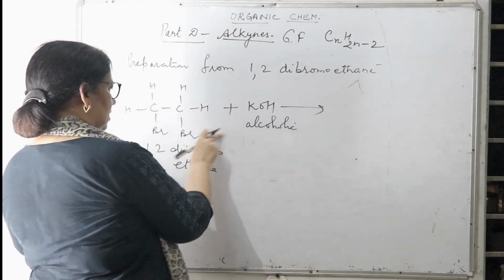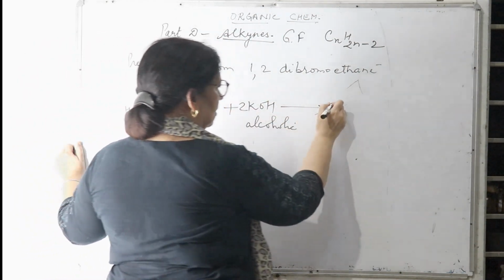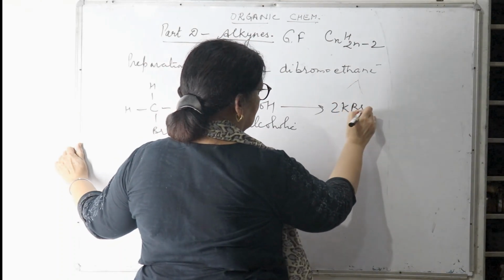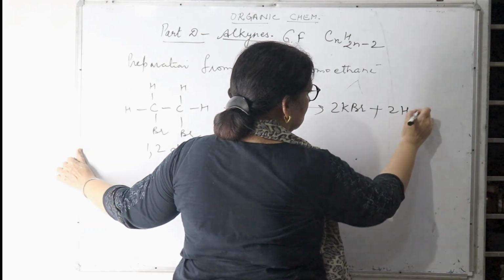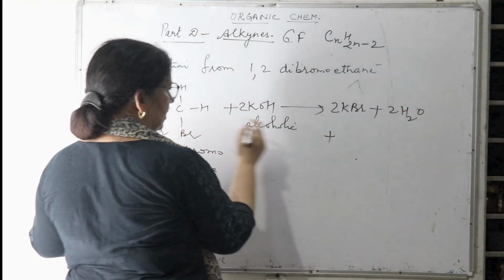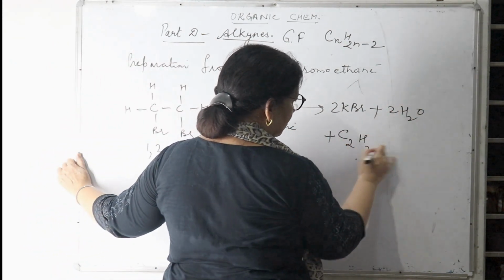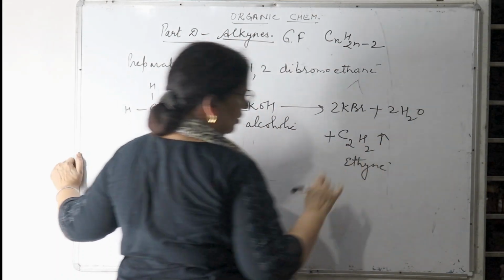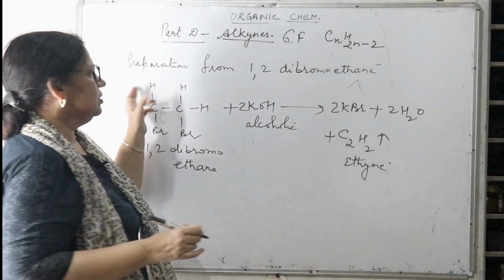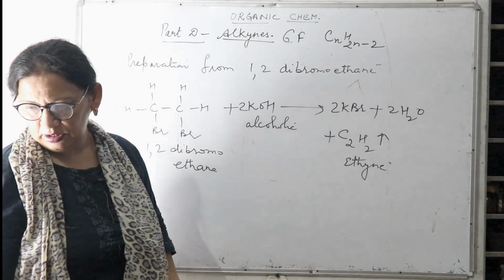This K combines with the Br, so KBr plus 2 water molecules that will get separated. What is left? That is C2H2. This is ethyne. So this is another method of preparation.